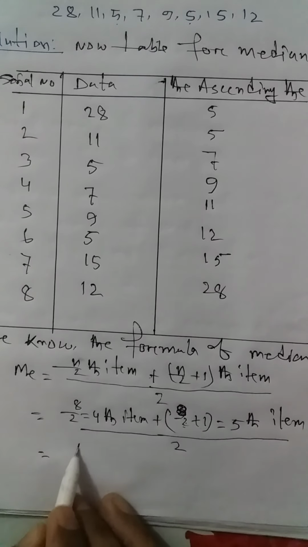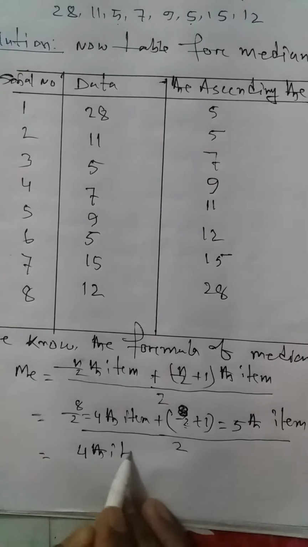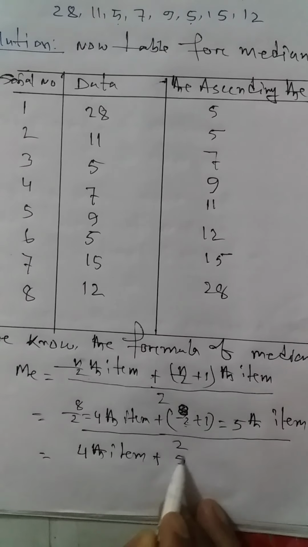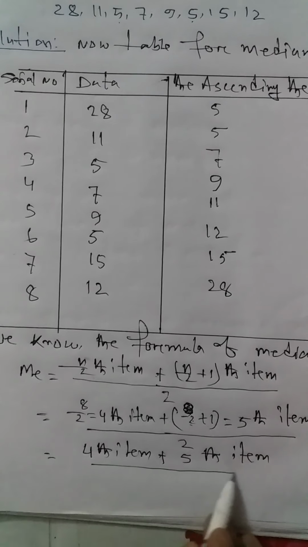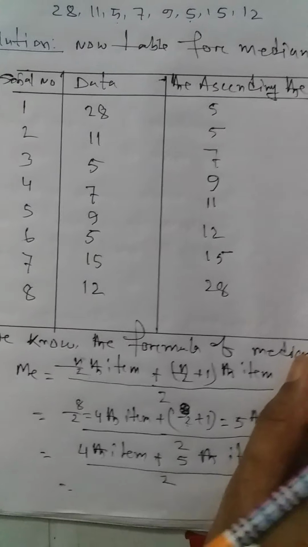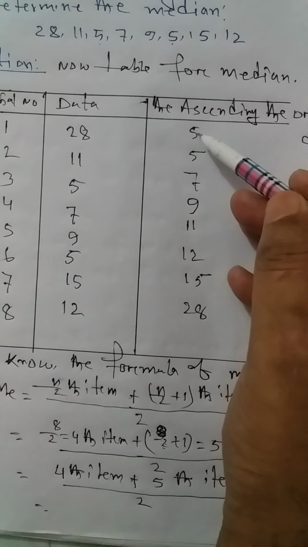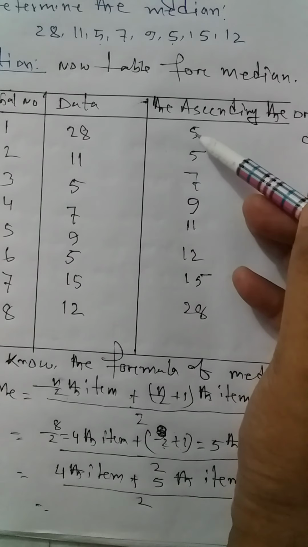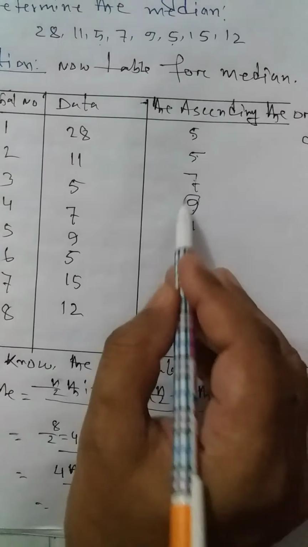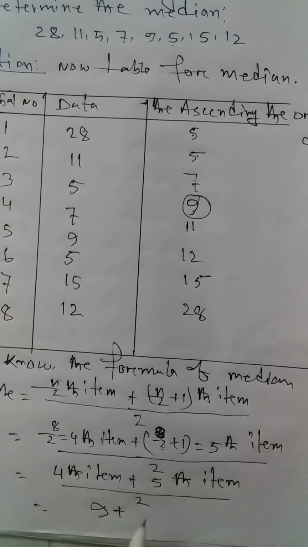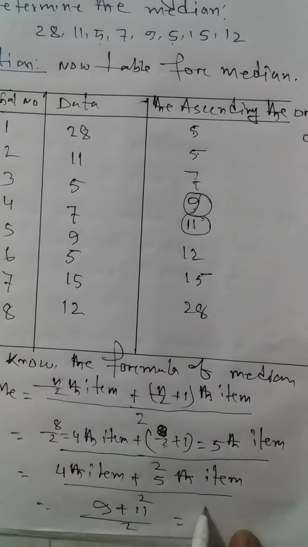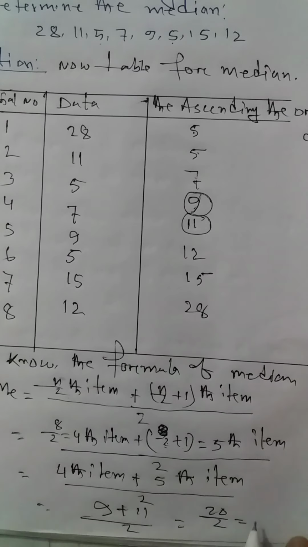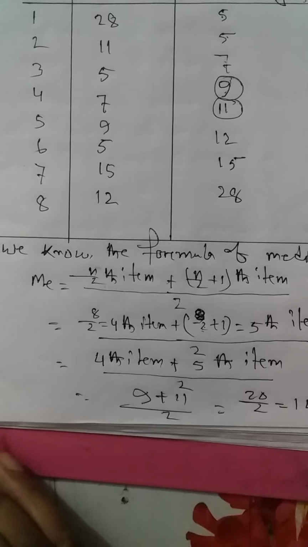Now again write the 4th item plus the fifth item divided by 2. Here the fourth item, 1, 2, 3, 4. The fourth item is 9 plus the fifth item 11, divided by 2. So 20 divided by 2 is 10. Here the median is equal to 10.